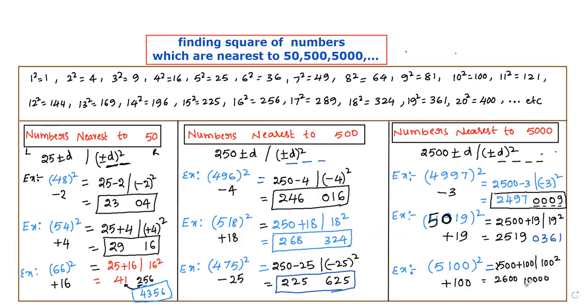You can see 10,000 has 5 digits, so the extra digit will be carried over. The first 4 digits are fixed and the extra digit is carried over. Then we get 2601 and 4 zeros fixed. So I write this one. In this way you can find the square of the numbers.